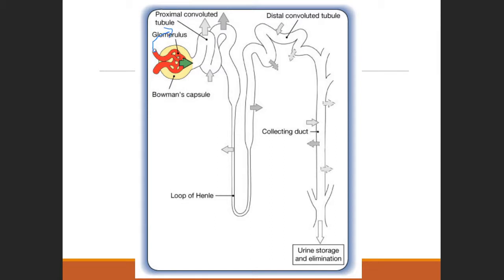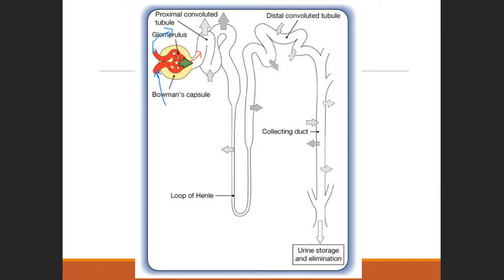So basically, blood in, blood out, and the difference between the blood in the afferent arteriole and the blood in the efferent arteriole is going to be, we'll lose fluid into our nephron tubule, carrying with it any number of solutes.